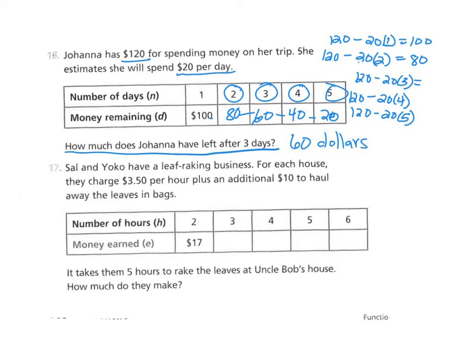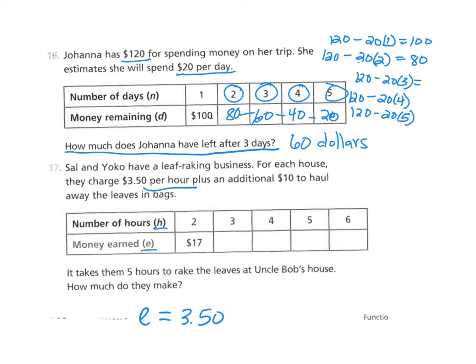That one is confusing. Okay, Sal and Yoko have a leaf raking business. For each house, they charge $3.50 per hour plus an additional $10 to haul away the leaves. Okay, so the number of hours is our input and our output is how much they earn. So E is how much money they will earn. Okay, so $3.50 per hour.